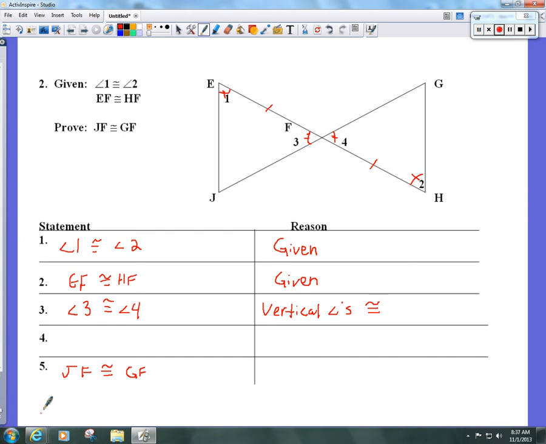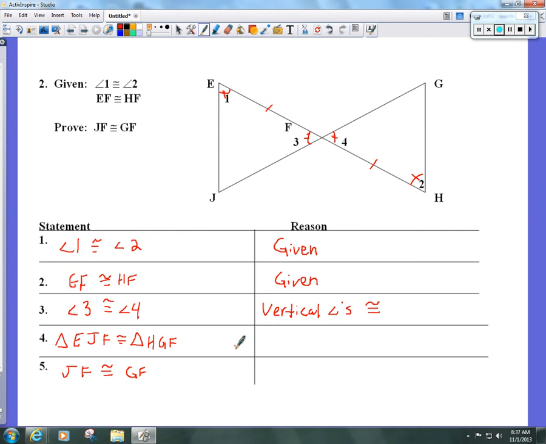Okay, before I prove that JF is congruent to GF, I have to prove that these triangles are congruent. So let's prove that triangle EJF is congruent to triangle HGF. And what is the reason how I know that these triangles are congruent?